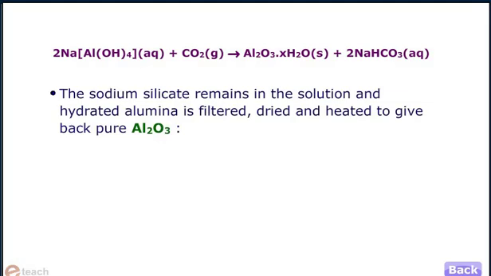The sodium silicate remains in the solution and hydrated alumina is filtered, dried and heated to give back pure Al2O3.